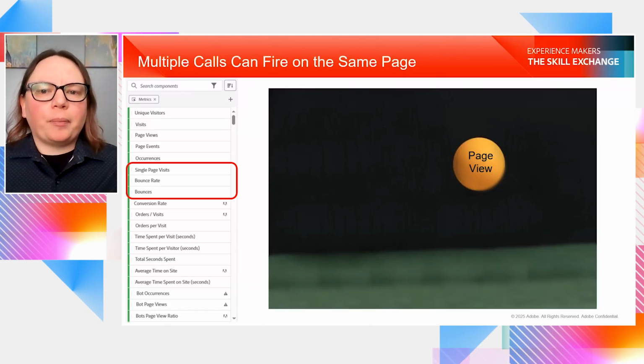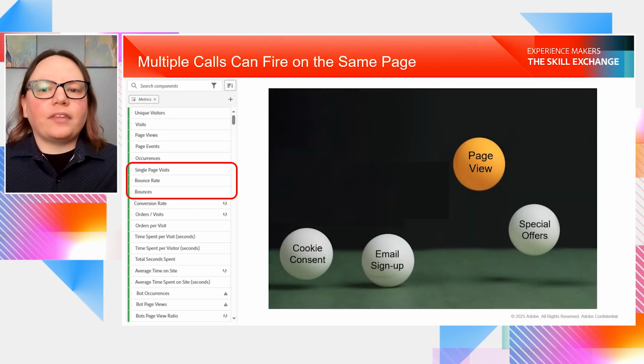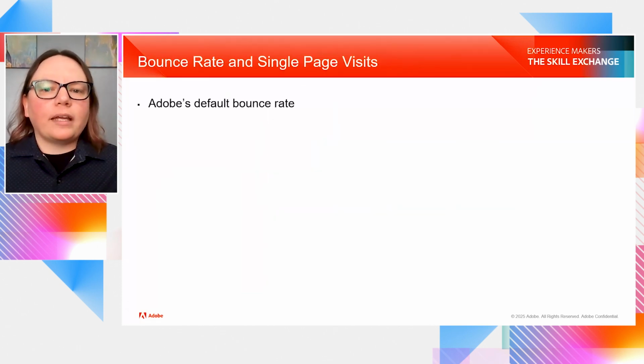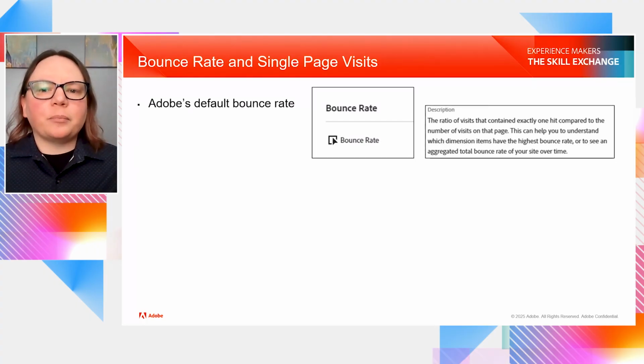So just to recap the difference, if someone comes to your website and lands on a page and that's the only call that fires, that's a bounce. But if they also see a bunch of custom link calls in addition to the page view, as long as it's still only one page, that's now a single page visit, but it's no longer a bounce. So looking at the performance of these visits, there's Adobe's default bounce rate, which is defined as the percent of visits with exactly one hit.